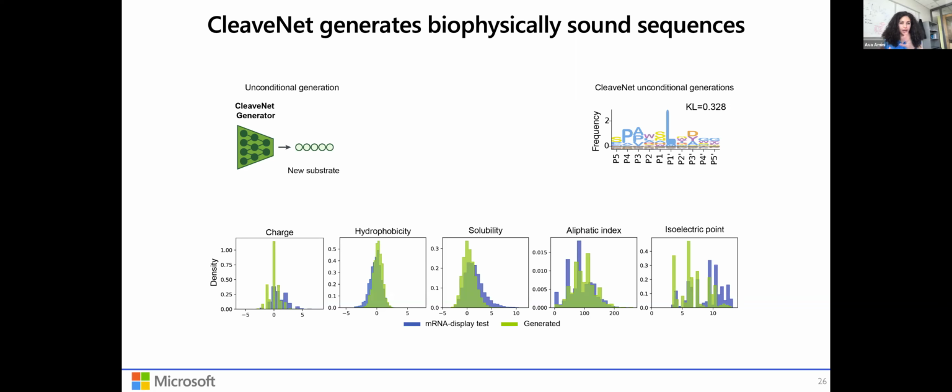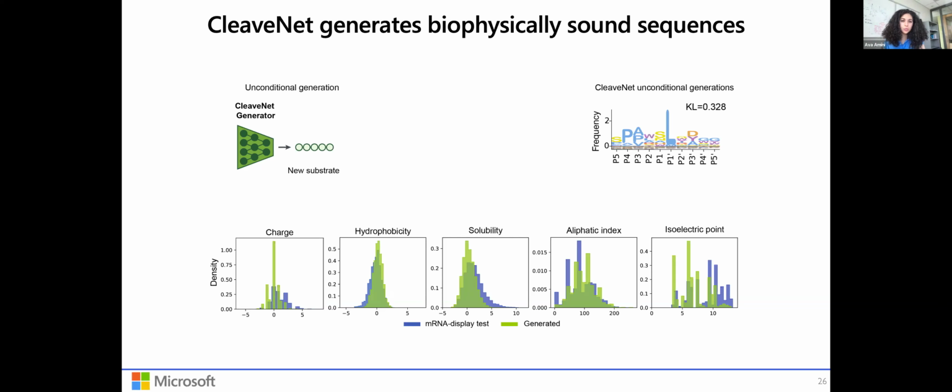Importantly, you may ask, okay, well, is this generative model actually learning something beyond what you may be able to capture by considering these amino acid distributions in a position-wise manner, right? The seq logo only shows you the distribution completely independently in a position-wise way.